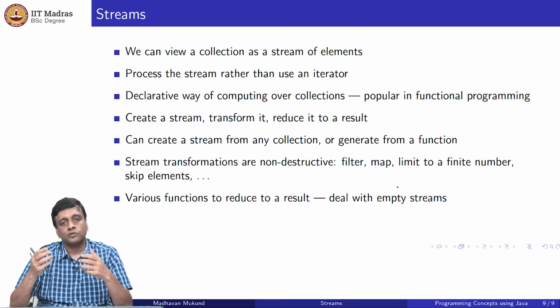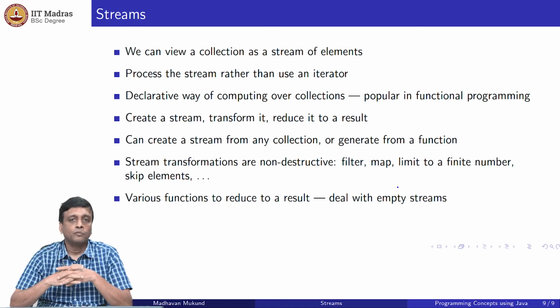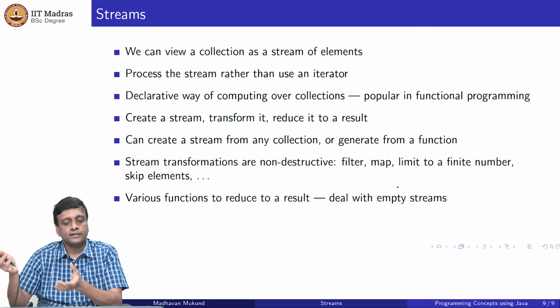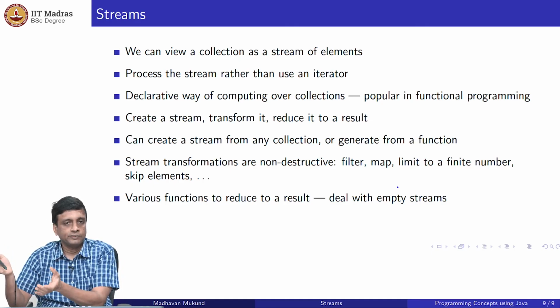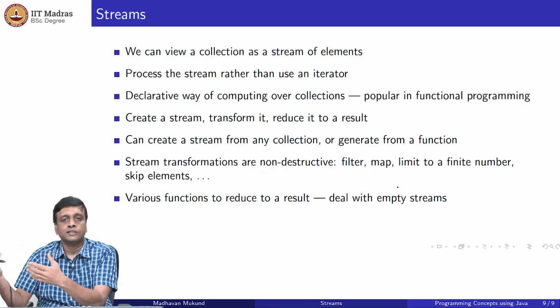This is nice because we can use these declarative constructs and get what is actually a functional programming style of working with collections. So we can create a stream from a collection, or also from a function. We can write a generate function which generates the stream.